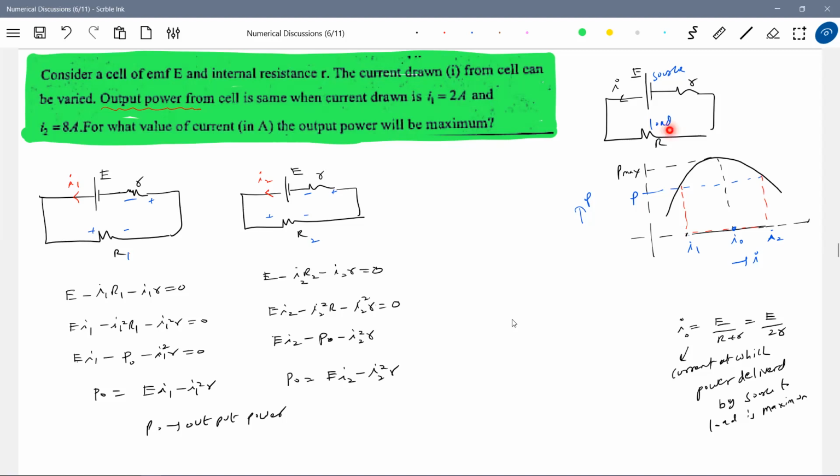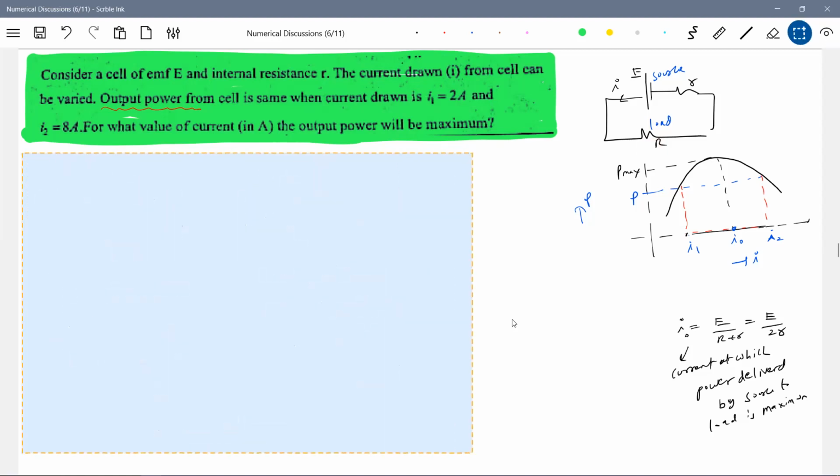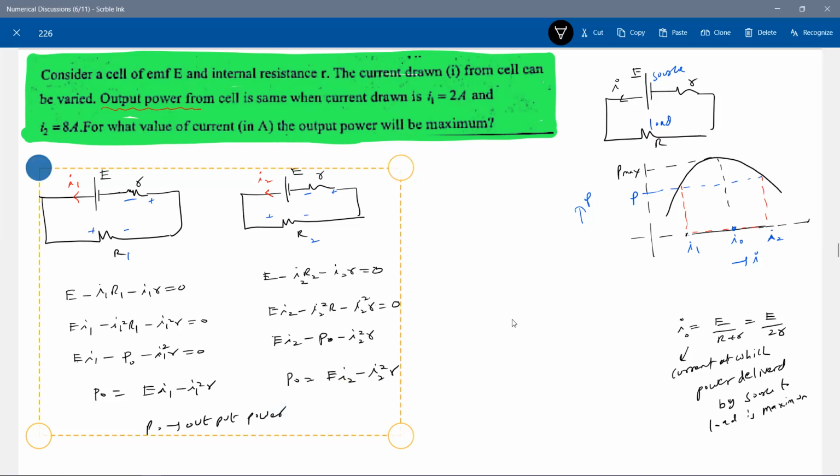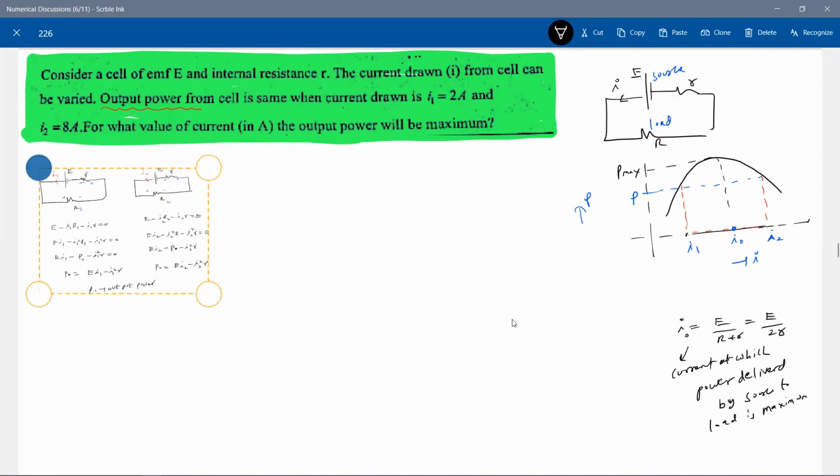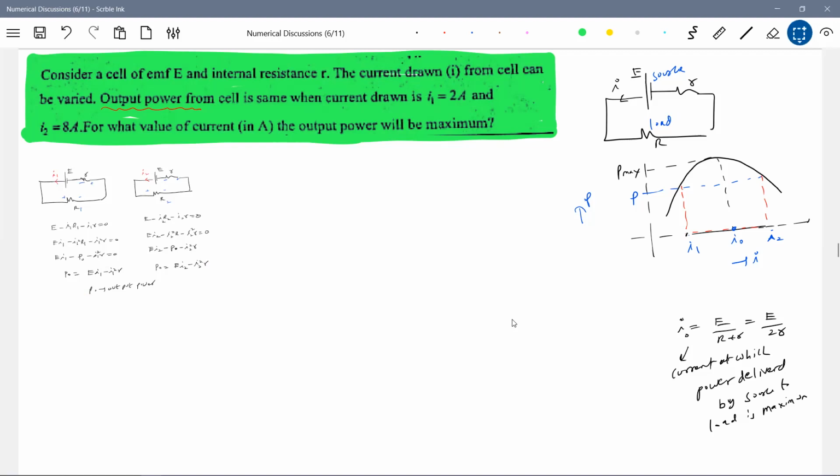I think there's only this resistor itself. There's nobody else. Only this resistor is there. So what about this circuit? What are you going to do with this circuit? I don't know. In general, students will think like this. I'll keep it in a corner. Let me look at the right hand side of the discussion. Let's see if I can make anything. So E is equal to I into R plus R. This much we have.